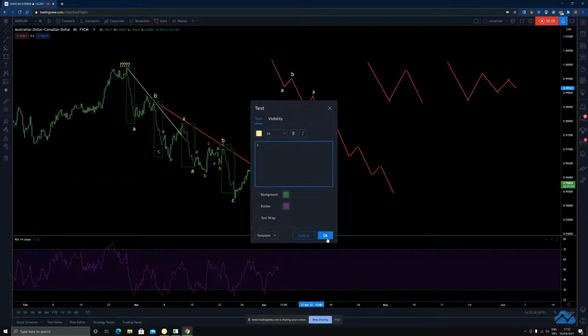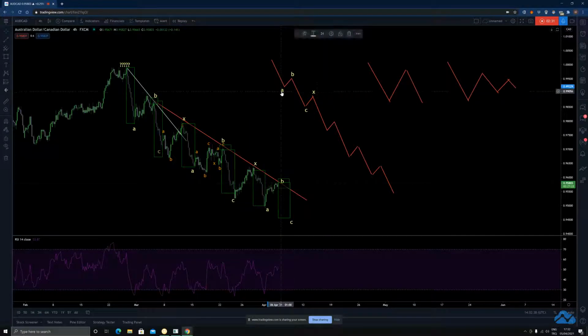And then another ABC, and another X wave. So here's how it looks: ABCX, ABCX, ABC. Now, what this market is doing is you have the A, B, C, X wave, A, B, C, and X wave.